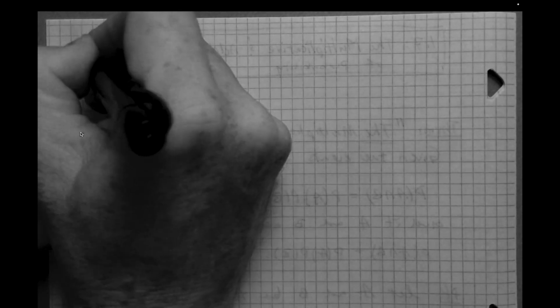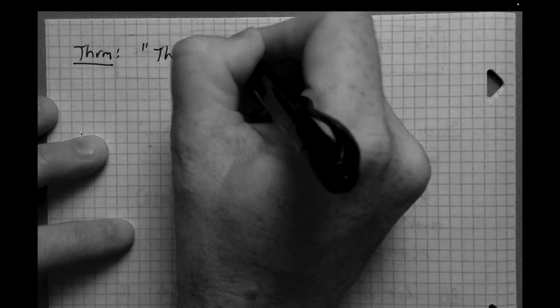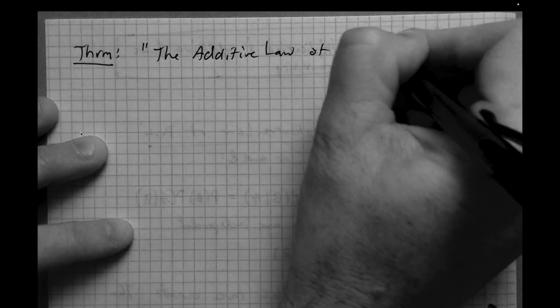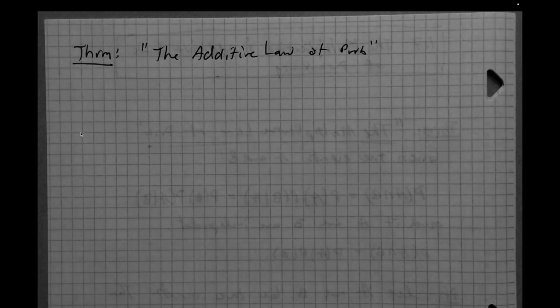Okay, now before we get into examples, let's talk about the additive law of probability. Okay, so the next theorem. So this is the additive law of probability. Okay, and so what does that say?